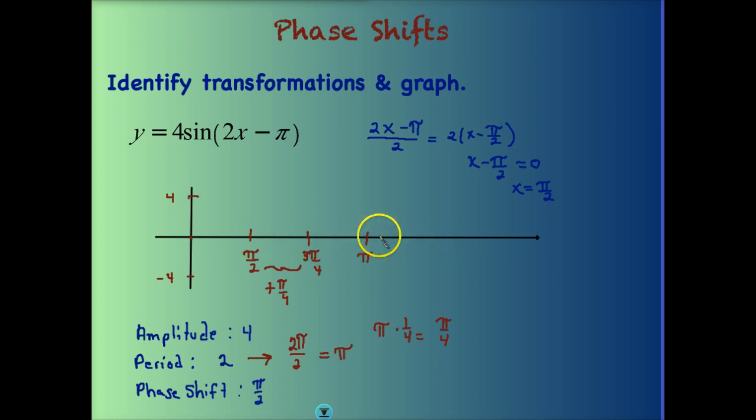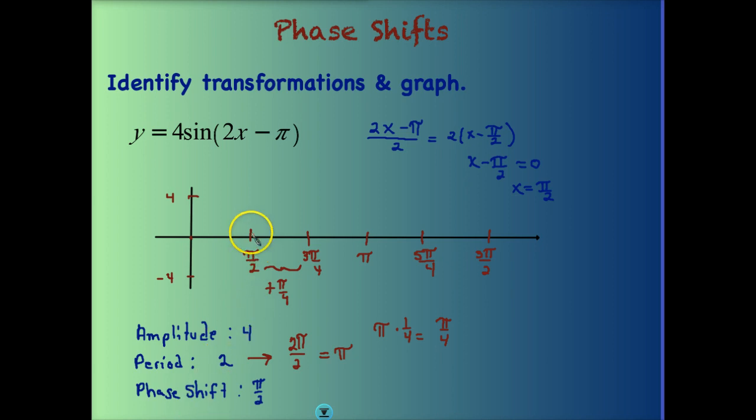I'm going to need 4 quarters. So here's my 3rd quarter. This is 4 pi over 4 plus another pi over 4 is 5 pi over 4. And then one more would be 6 pi over 4, which reduces to 3 pi over 2. So what I've done is I've added pi over 4 to each of these values in order to get all my quarters. Now I'm ready to graph.